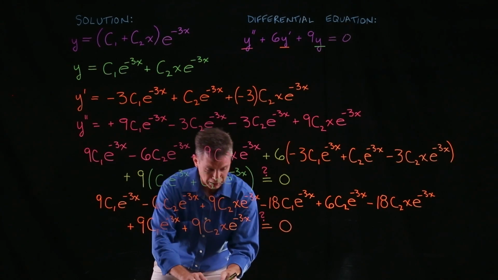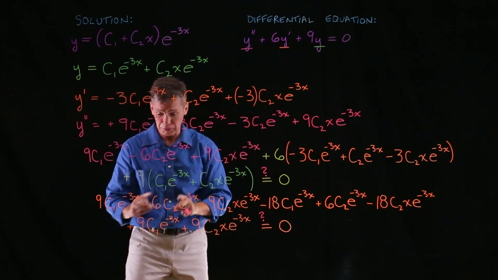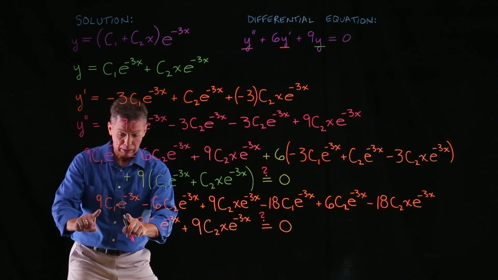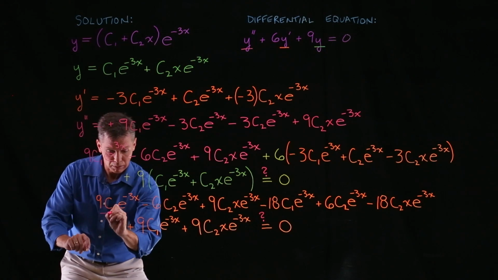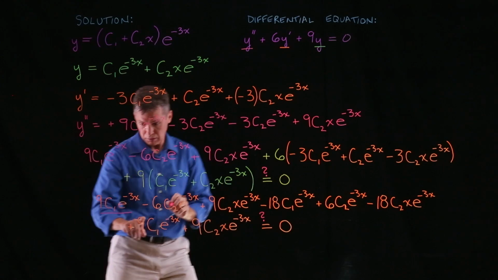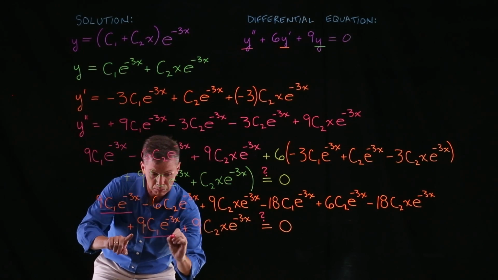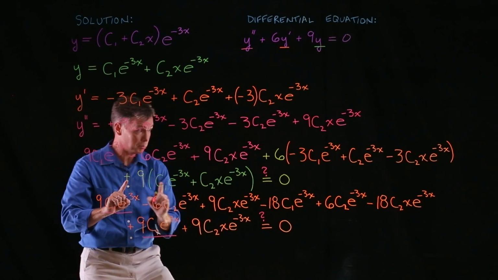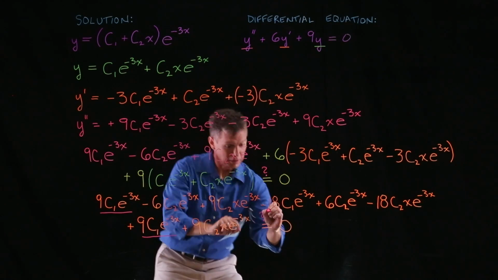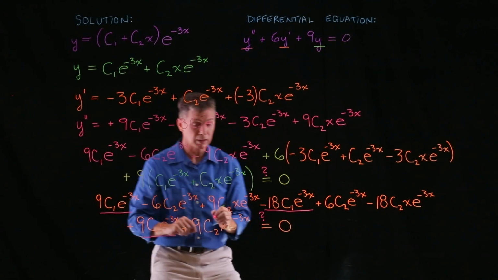But I tried to suggest our like terms, if we combine like terms now, would be kind of easy to see. Here's 9c1 e to the minus 3x, and here's another 9c1 e to the minus 3x. That's 18 of them. And here's minus 18c1 e to the minus 3x.